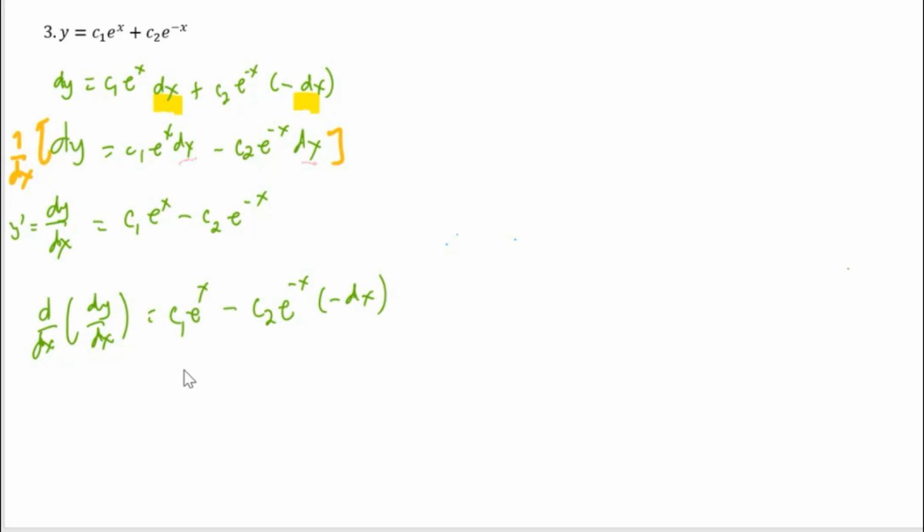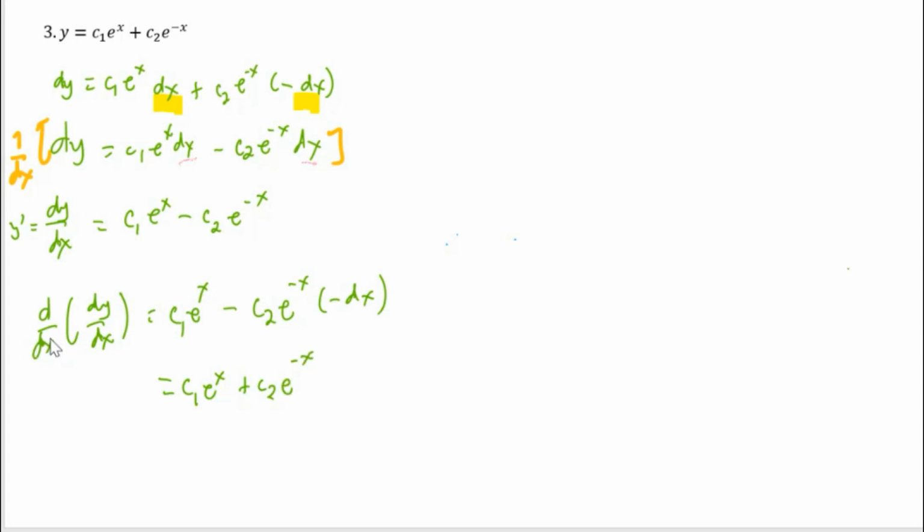Now, simplifying on the right hand side, we have c sub 1 of e raised to x, and negative times negative dx becomes positive c sub 2 of e raised to negative x.